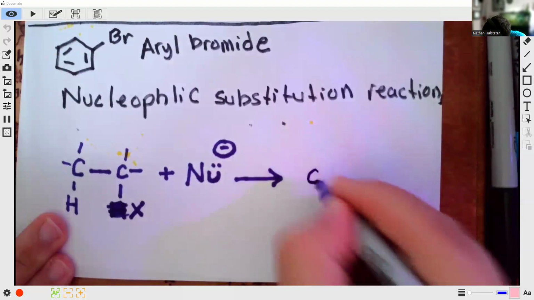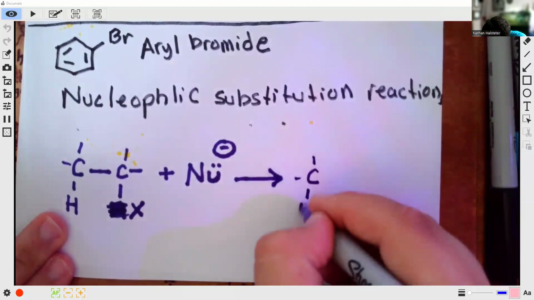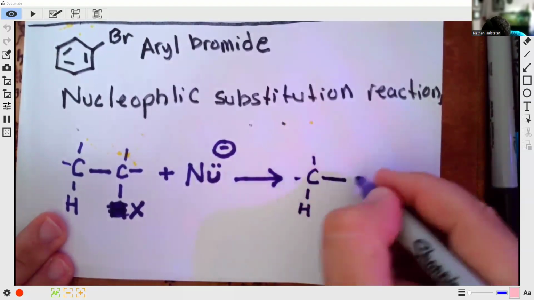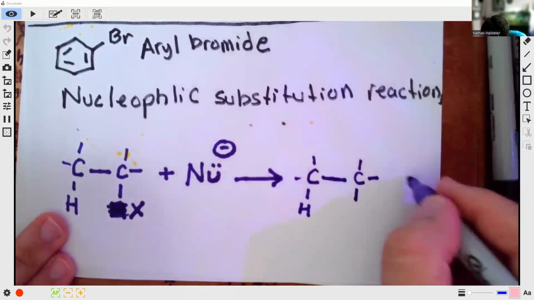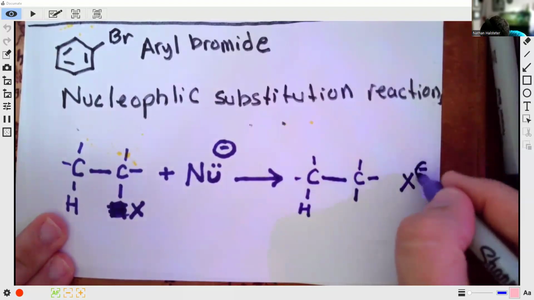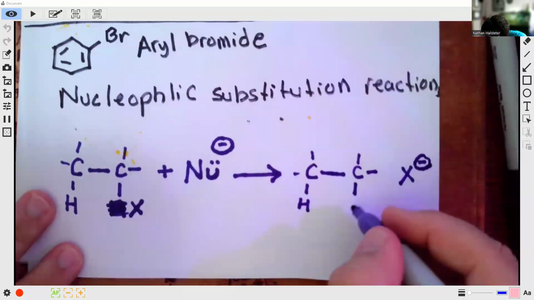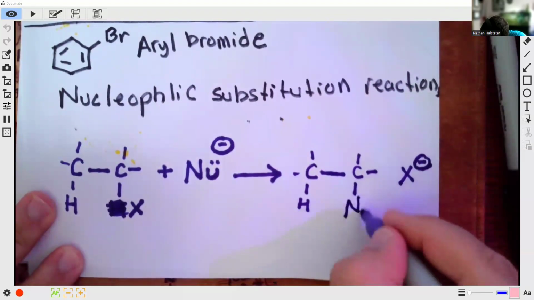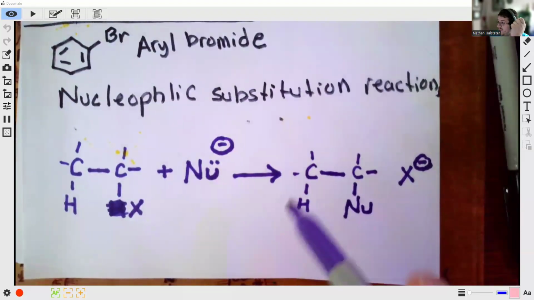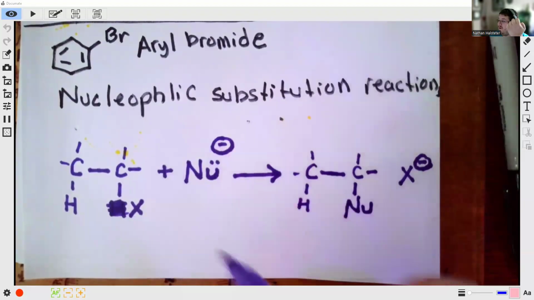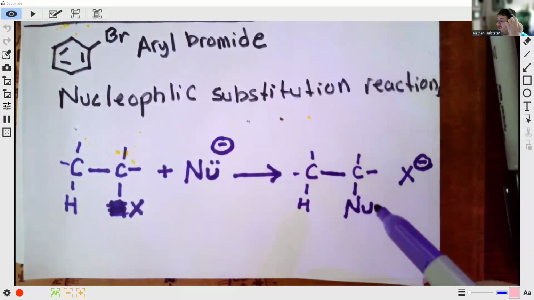So our product now, our alkyl halide is left, and now it has the minus charge, and we have a new bond to our nucleophile. Obviously, this is with generic things, but it's a good starting point. So this is the general scheme for a nucleophilic substitution reaction.